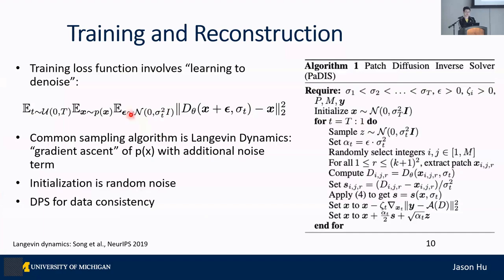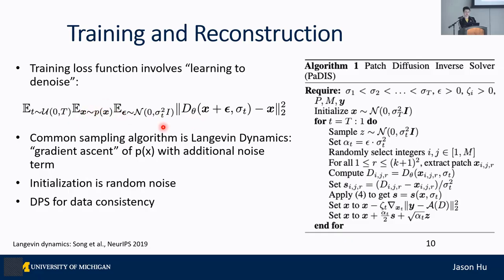Yeah, so just highlighting some of the salient points of the algorithm. The denoising process is almost identical to a traditional diffusion model. We just add noise to the image, X plus epsilon. We train the denoising network D theta, and then average over all our images in the data set.